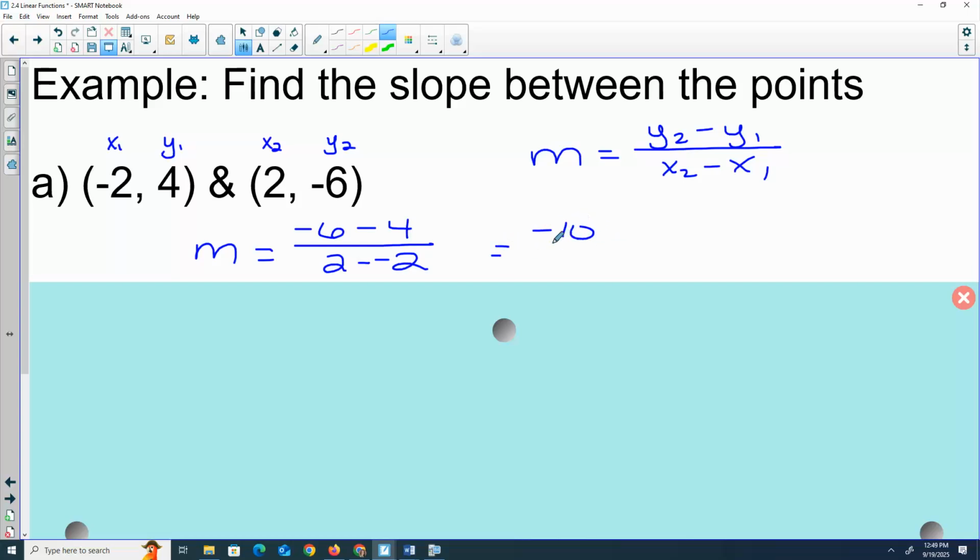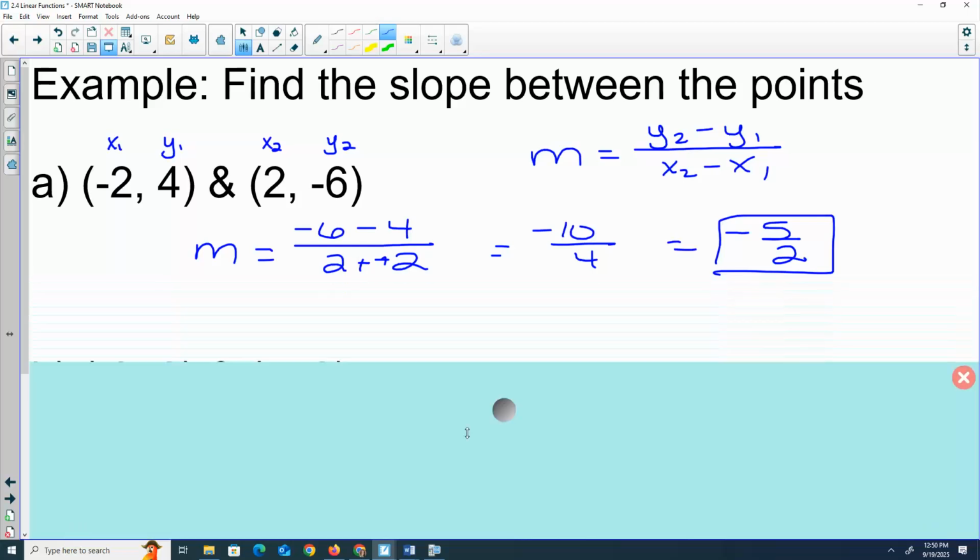So -10 over 4. We usually kept it as a fraction in lowest terms. Not that a decimal is wrong, but if you're going to graph, it's easier to do up 5 and backwards 2 than it is to count by like 2.5 or something. Any questions on that one?